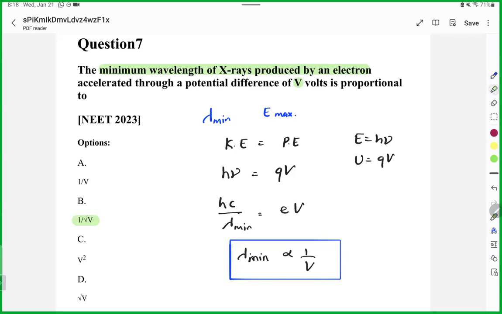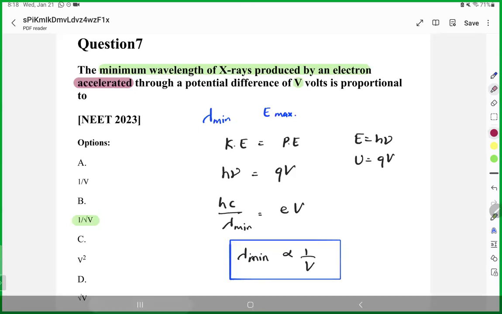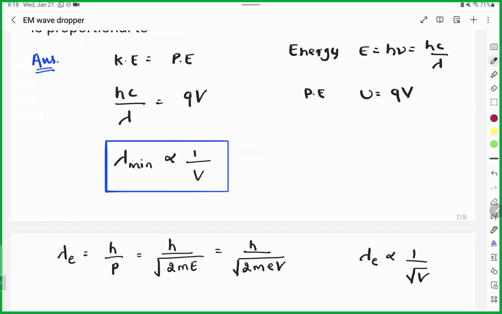But the main word is accelerated. If you have a fixed mass, then there is no issue if there is a uniform velocity, because in uniform velocity it will inversely depend upon the mass only. But here you cannot do it like this. The reason is the accelerated charge, not uniform, accelerated charge.